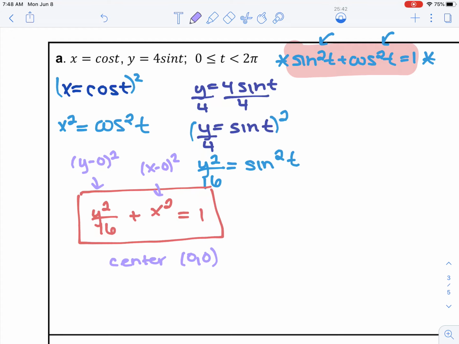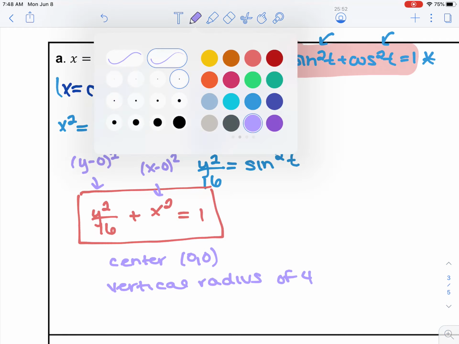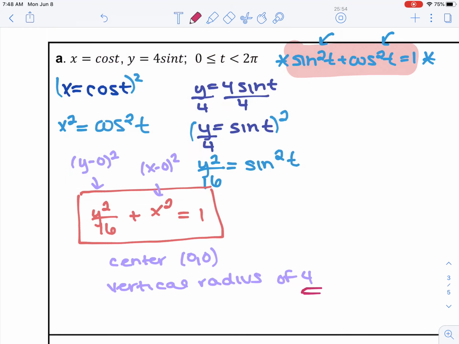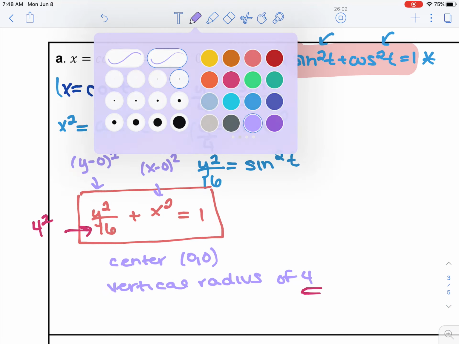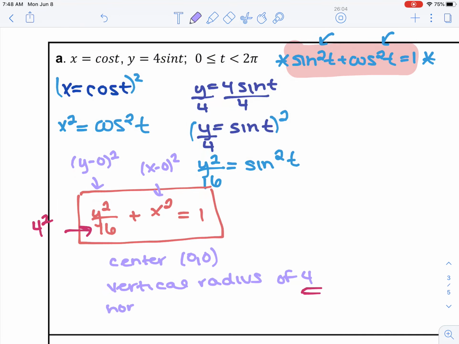And then we have a vertical radius of 4, and that is coming from the denominator, the fact that there is 4 squared underneath the y. And then we have a horizontal radius of 1, and that's coming from the fact that x squared is being divided by 1.